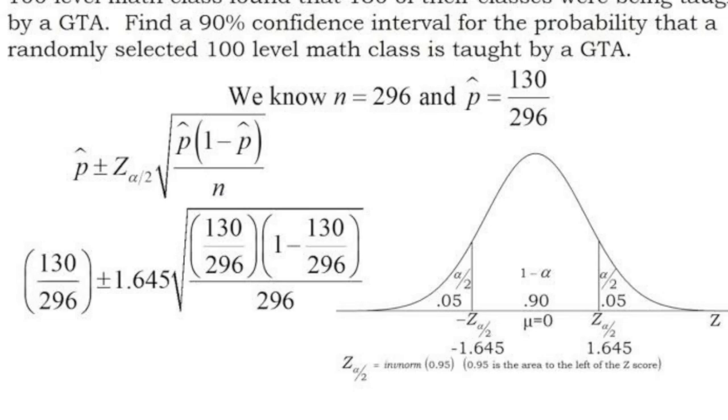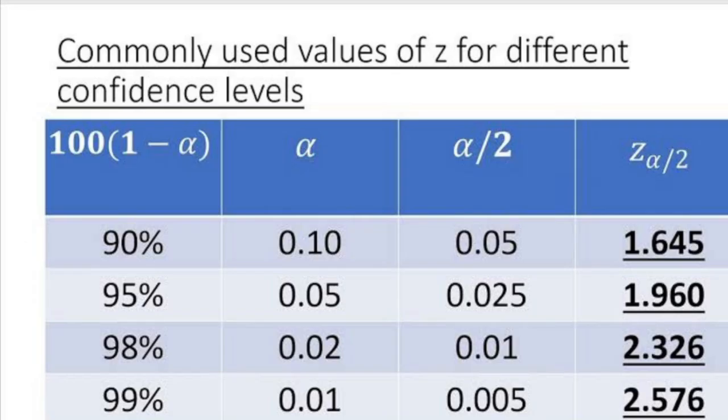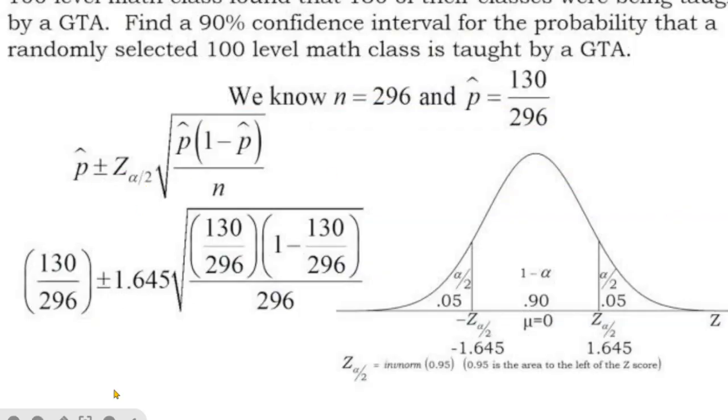So it depends on your interval. Say we want 90% confidence. Then you go to the table and ask, for 90%, what is our z coefficient? The z coefficient is 1.645. After picking it, you substitute it here, 1.645.